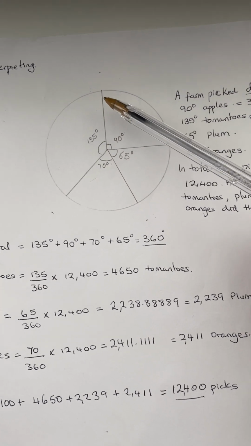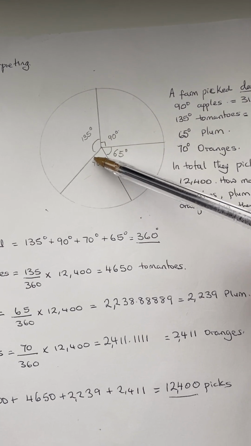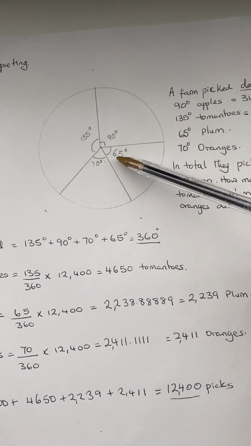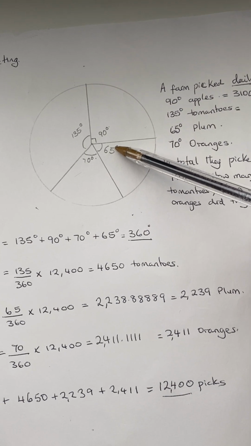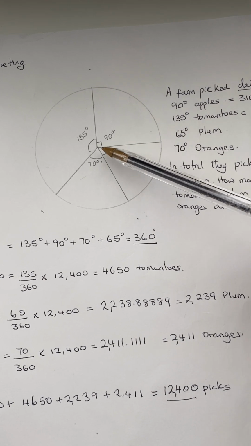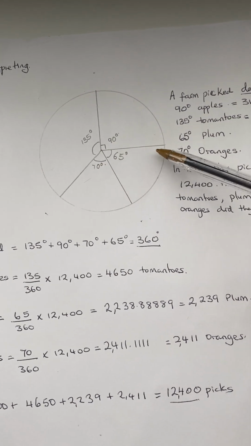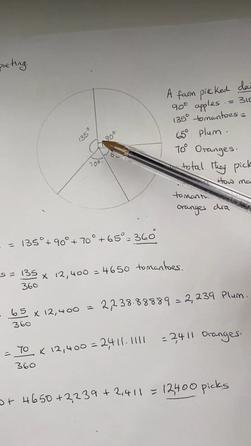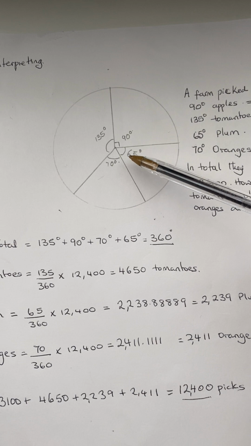Okay, then we measured 135 degrees, we measured 70 degrees, and we measured 65. Okay, I might decide to show you how to divide a pie chart into accurate angles in another lesson, or you can learn it at school.